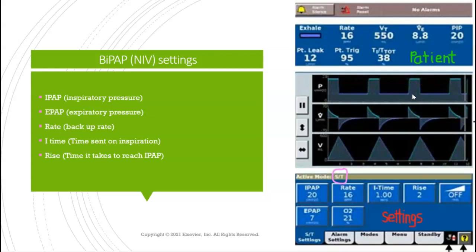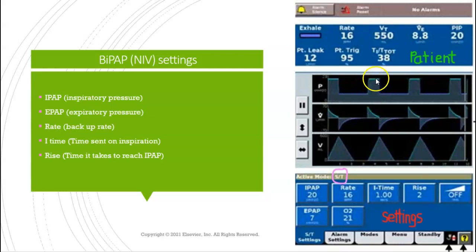That just helps keep those alveoli open. A lot of times we set a backup rate as well, just to make sure our patient breathes a certain minimum number of times a minute. Somewhere between 10 to 16 is usually adequate. And then finally, this rise time indicates how fast it takes me, within this inspiratory time, to get up to my set pressure.